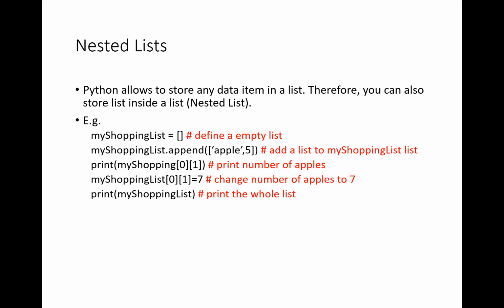Then you can add items to the list. This time we are going to have both the item and the number of what you want to buy. So without further delay, we'll go to this one.